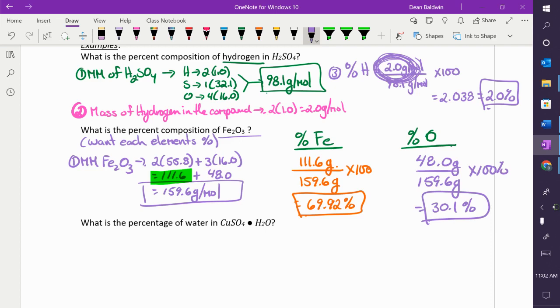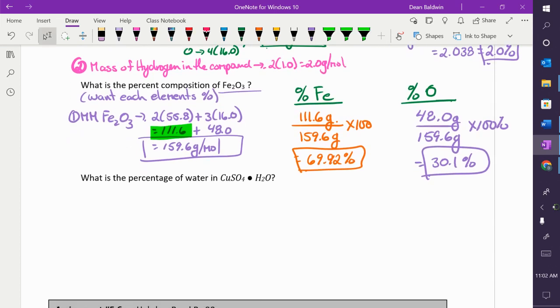All right, one more question, and then I'll give you some practice, and then we'll move on to empirical. What is the percentage of water in copper sulfate dot H2O? What type of molecule is this? We did this right at the beginning of the year. This is a hydrate. I want to know the percentage of water. What's your first step? Molar mass. Always, always, always.